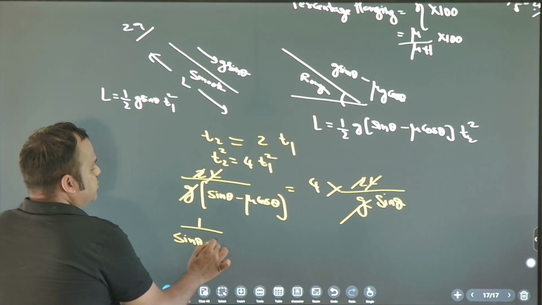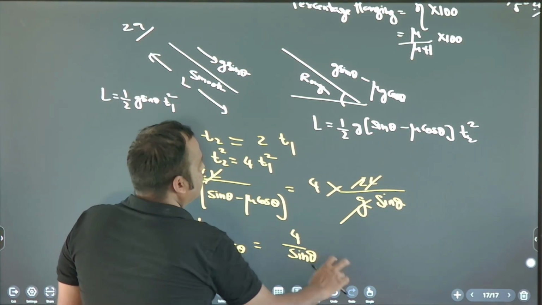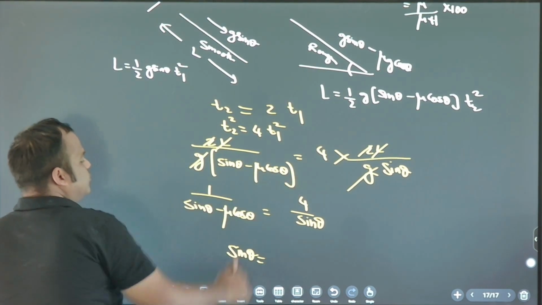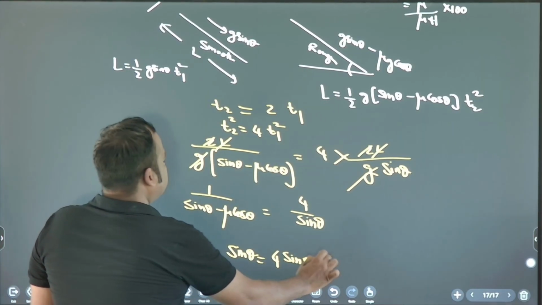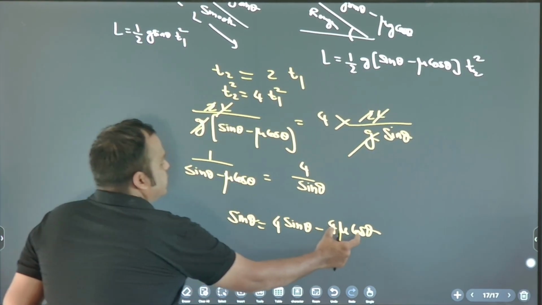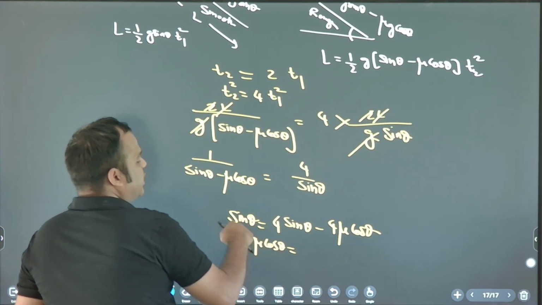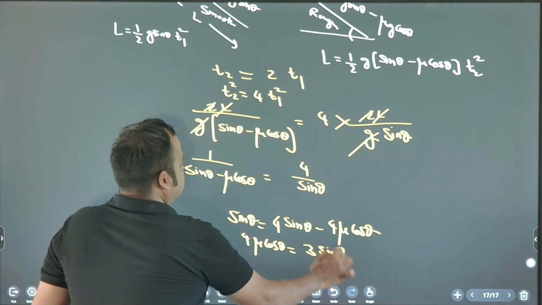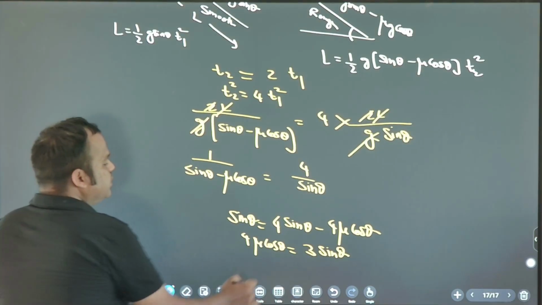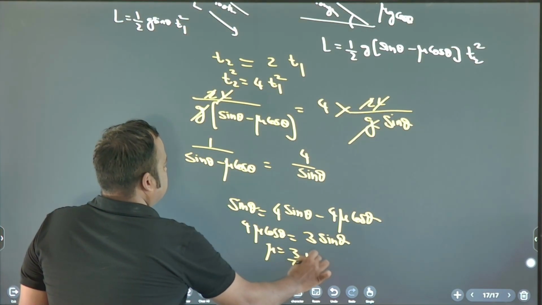So 1 by sin theta minus mu cos theta is equal to 4 by sin theta. Now cross multiply. Sin theta is equal to 4 sin theta minus 4 mu cos theta. Correct? Now take this left side, so 4 mu cos theta. This right side, 4 minus 1, 3. So mu is given or not? Okay, they are asking mu. So what is mu? 3 by 4 tan theta.